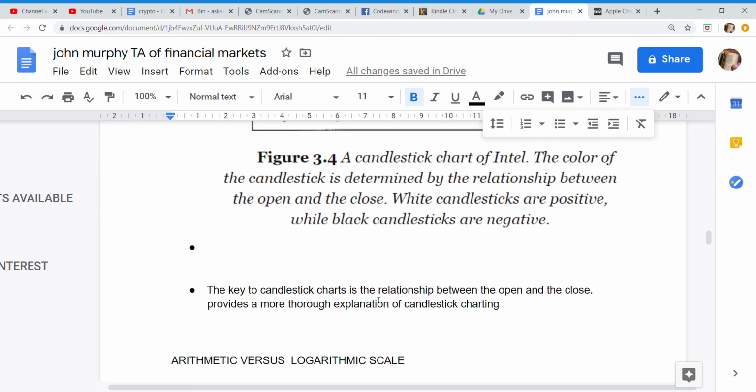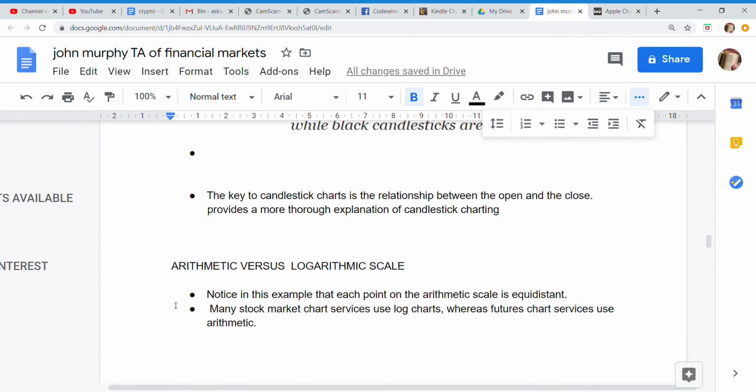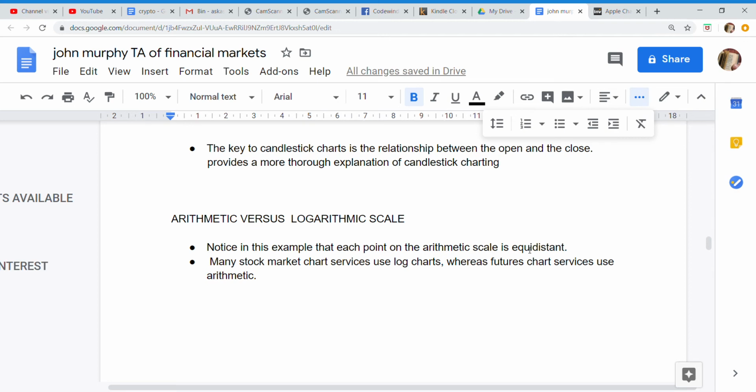The key to the candlestick chart is the relationship between the open and the close. The book provides some more thorough explanation of candlestick charting. Arithmetic versus logarithmic scale. Notice in this example that each point on the arithmetic scale is equidistant. Many stock market chart services use log charts, whereas futures chart services use arithmetic.